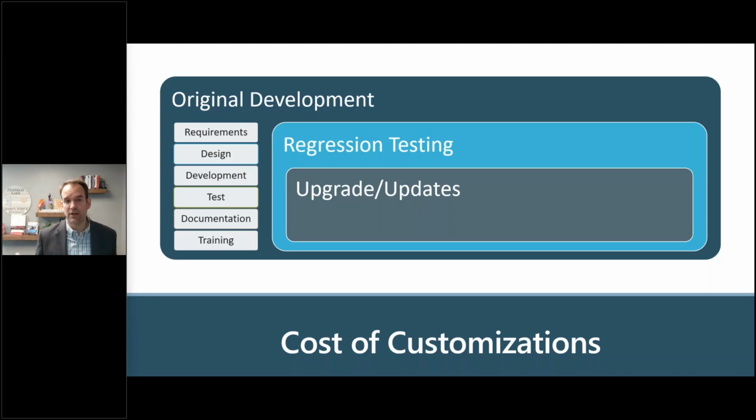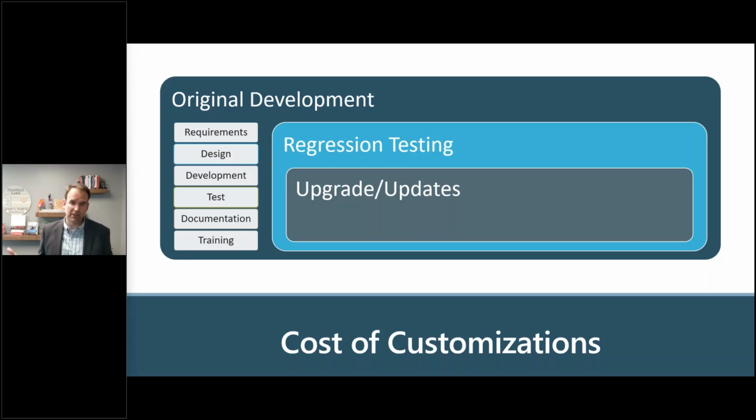And then once you're done with the original development, you've got to be thinking about time for regression testing. Once you've built that customization, as you update your Dynamics solution in the future, you're going to have to update it at least twice a year. So do you need to test that customization twice a year when you take those updates?